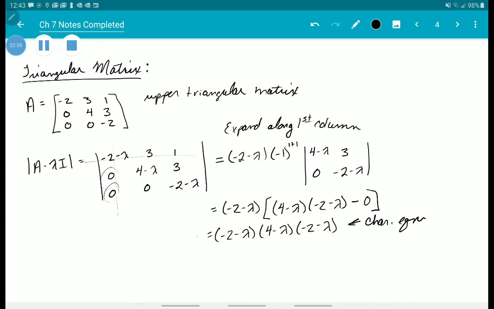And we always want to take that and set it equal to 0 to solve. So I'm going to put an arrow here that says the next step would be to take that and set it equal to 0. And when we do that, we would set each factor equal to 0.